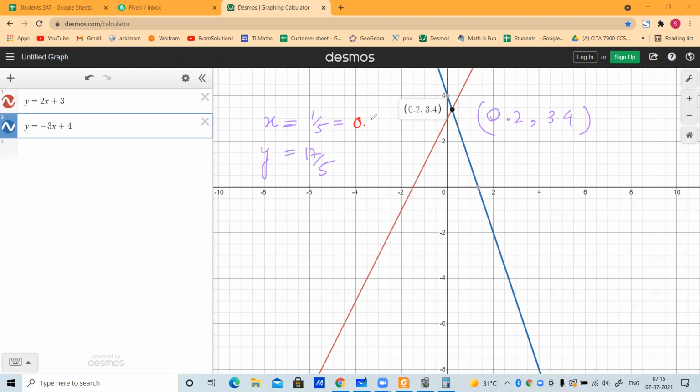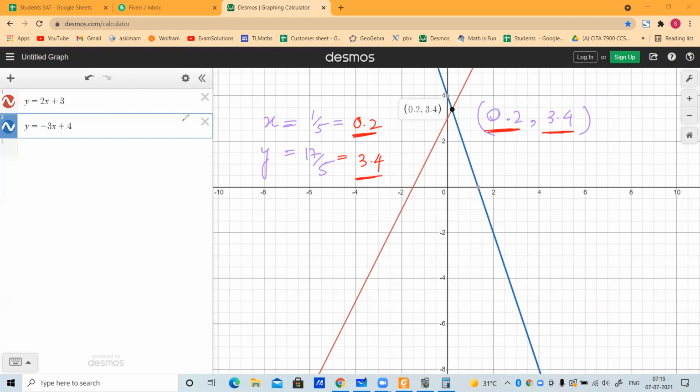0.2. And what about y? 3.4. So are you able to see anything common? Yeah, it's the same.